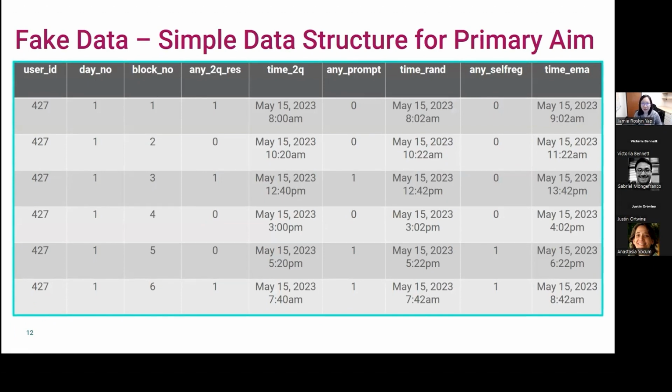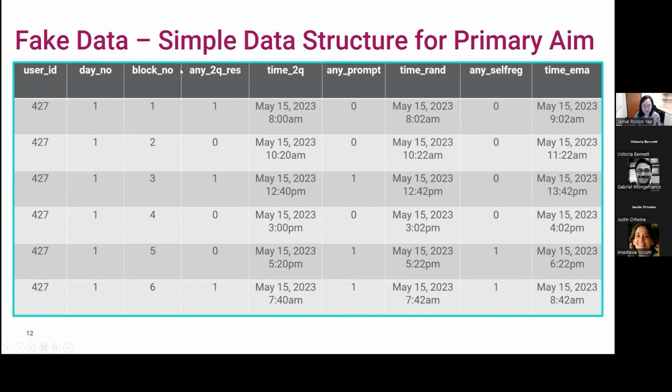So here is fake data, and I'm showing you a simple data structure for the primary aim. Notice the first column is your typical user ID or participant ID.